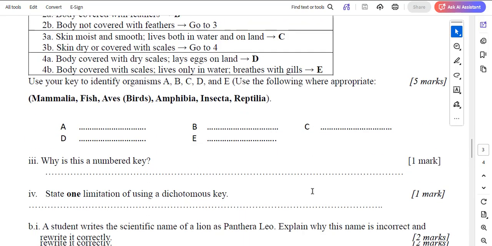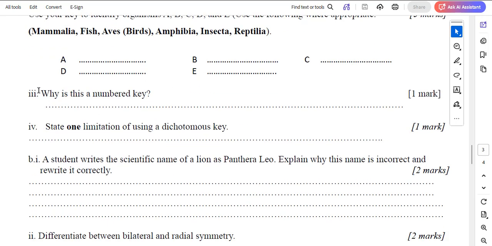Now you have to use this key to identify organisms A, B, C, D, and E. Use the following where appropriate: mammalia, fish, aves, amphibia, insecta, reptilia. Then, why is this a numbered key?